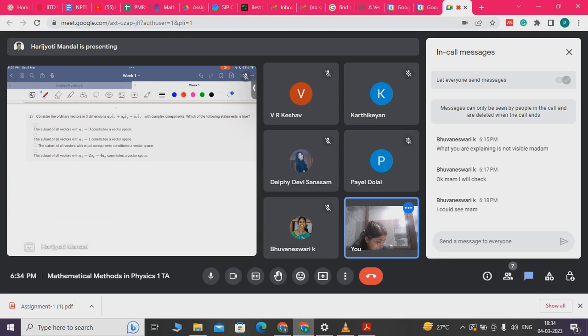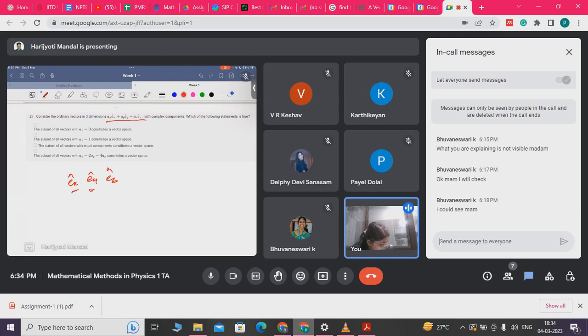Now we have come to question number 2. The question is, consider the ordinary vectors in 3 dimensions. A 3-dimensional vector will have 3 directions x, y and z.